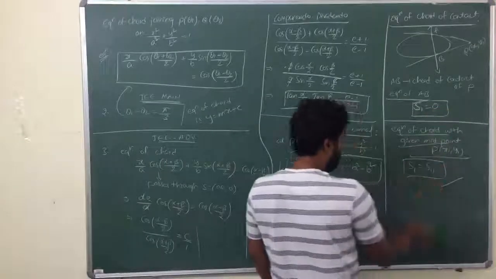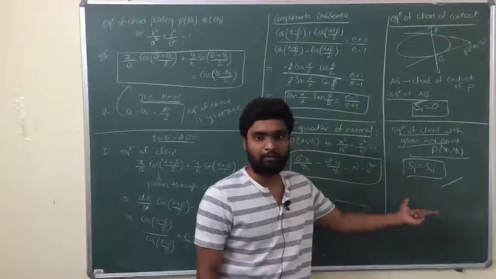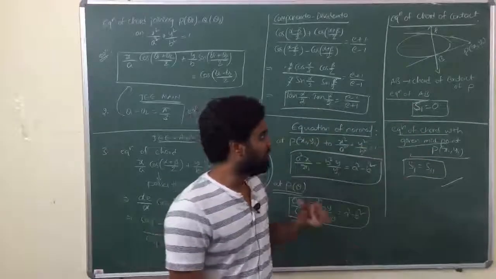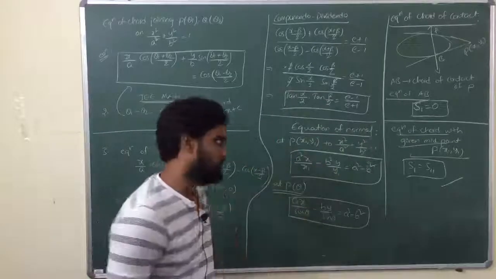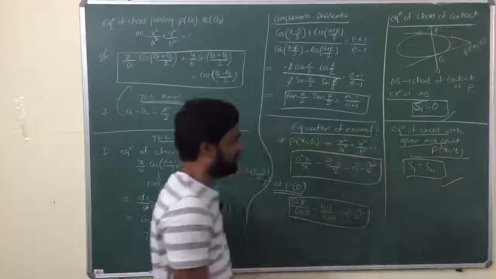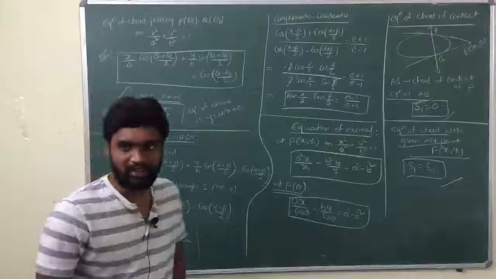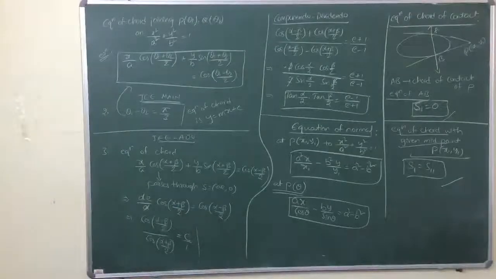See, these formulas, the equation of tangent, the equation of chord of contact, the equation of chord with given midpoint, are the same for circles, parabola, ellipse, and also hyperbola. Okay, so that is the observation. Equation of chord of contact: S1 is equal to 0. Equation of chord with given midpoint: S1 is equal to S11. That is the formula. Okay. Next one.